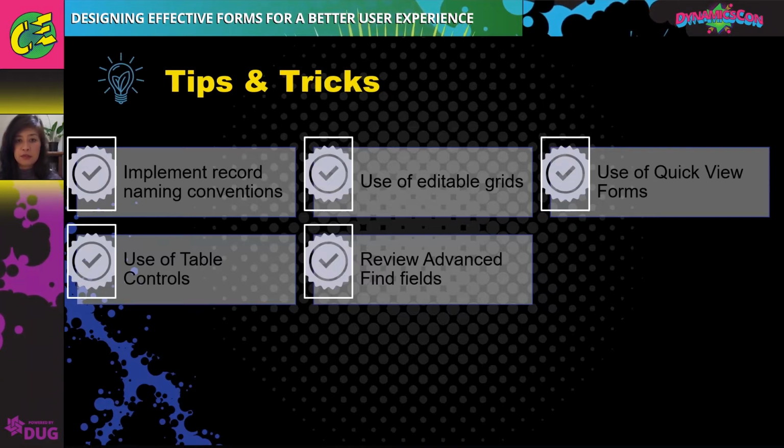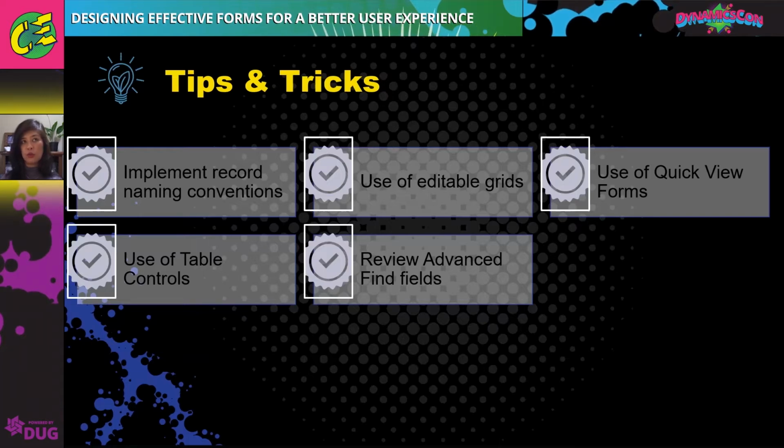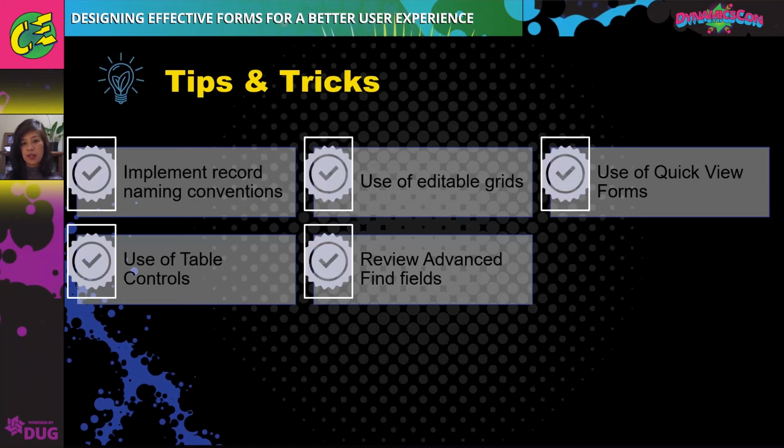Next we have review advanced find fields. So this is to clean up the advanced find list. Because whenever we create a column or a field, the searchable is by default checked or true. So in order for you to clean up the advanced find, you need to set that to false.